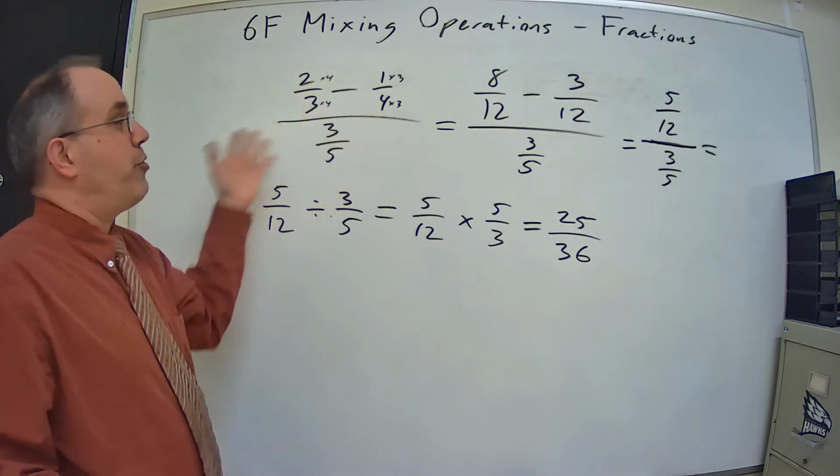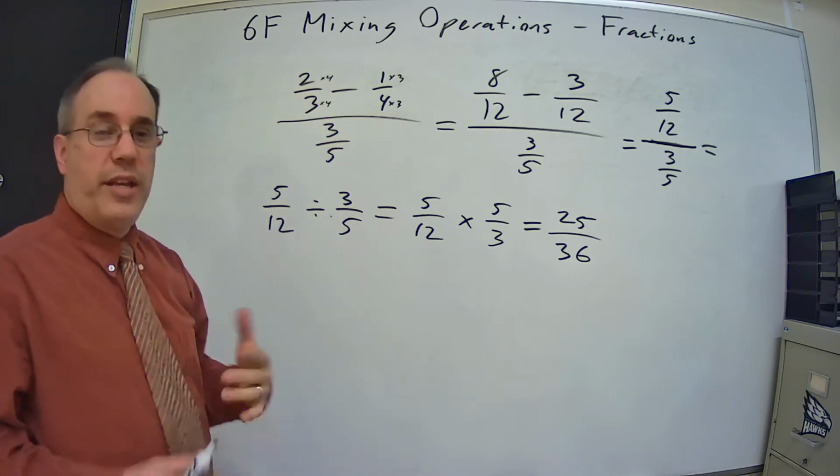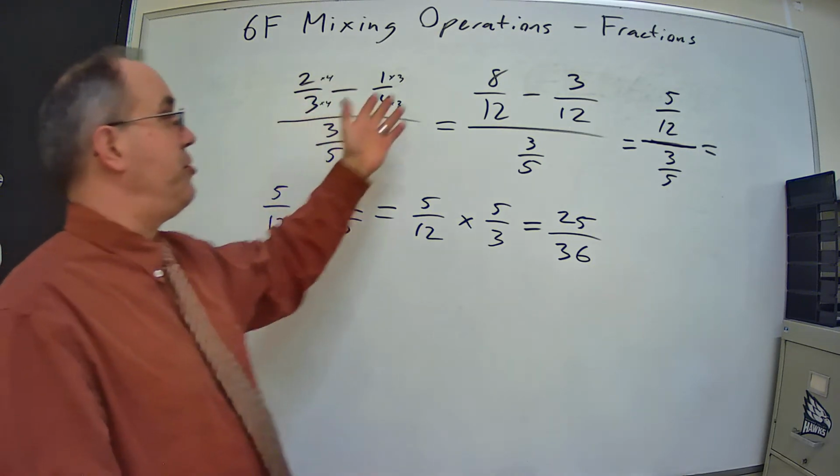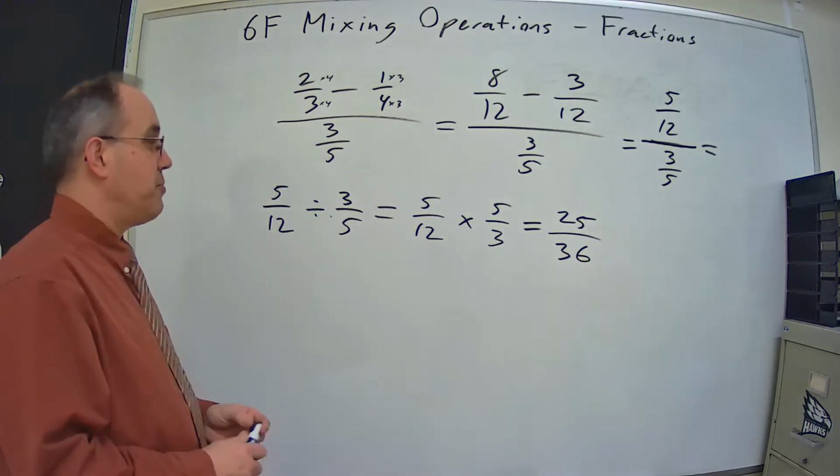So we're going to go through the same order of operations, look at the operations, see whether we need a common denominator or not. If we do find it, then do the operation, just step through it. So let's do another one.